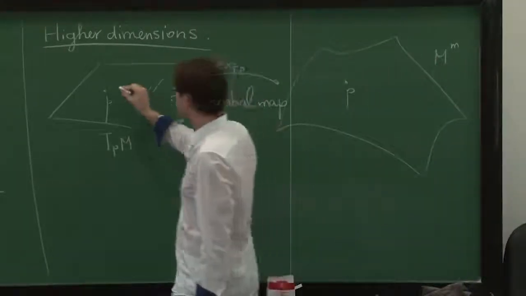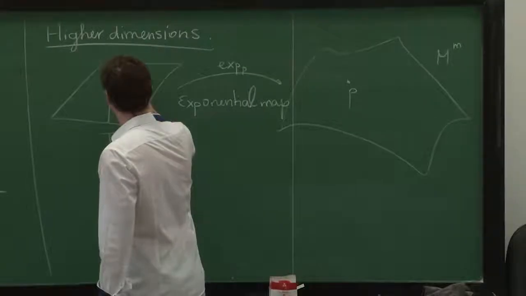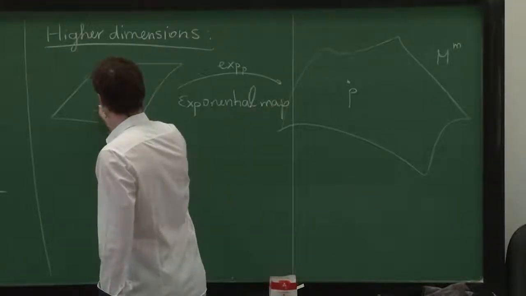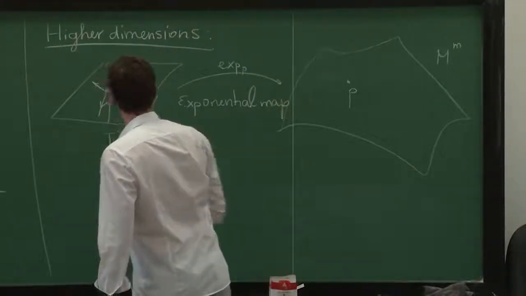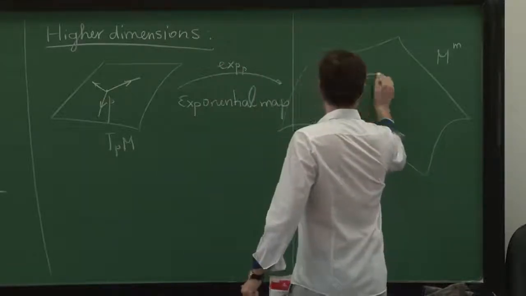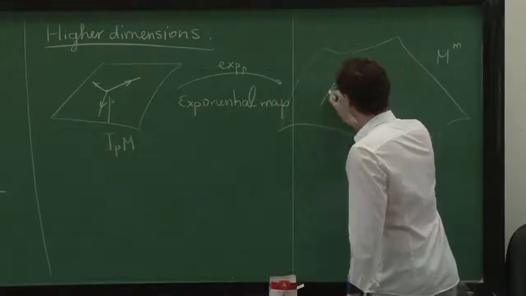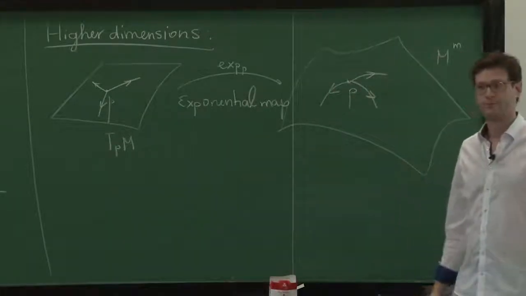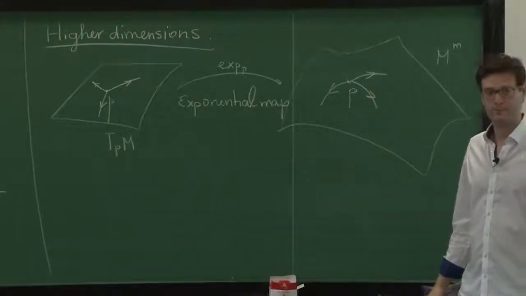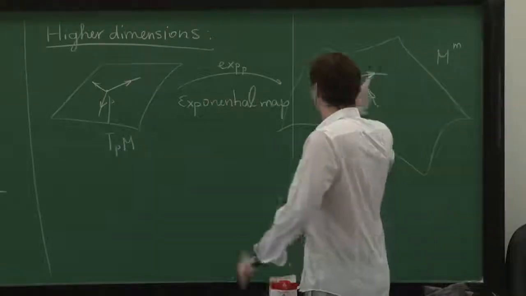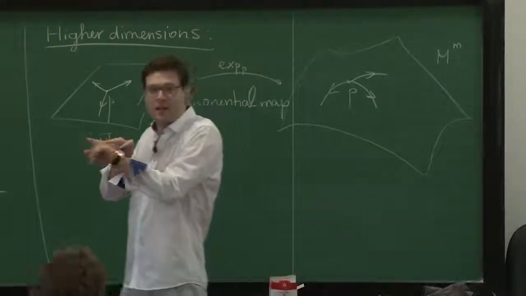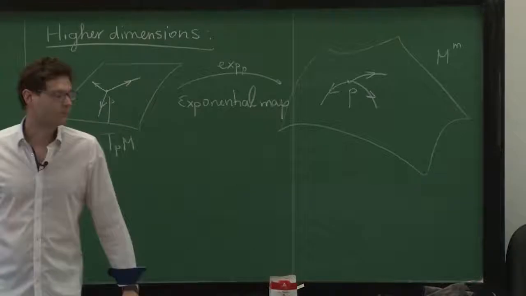And what it does is it takes straight lines and maps them to geodesics, to the shortest possible paths on the manifold itself. And of course, these paths go tangentially in the corresponding direction.